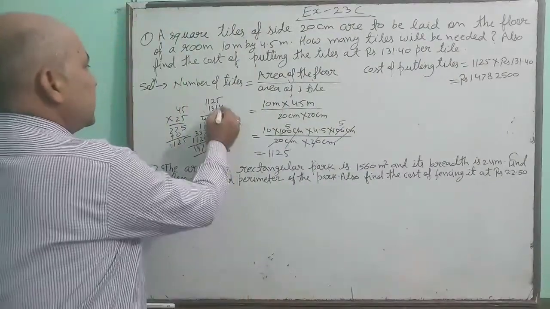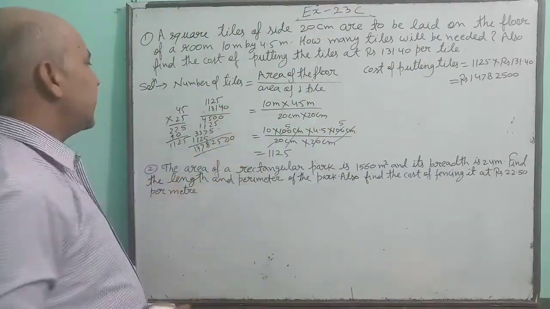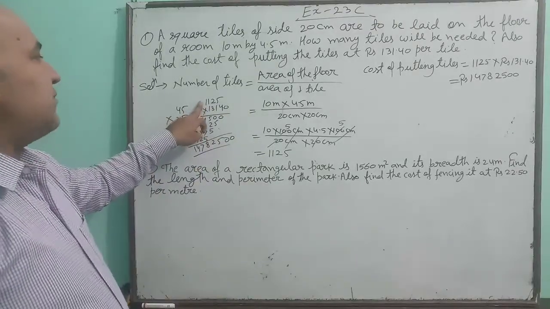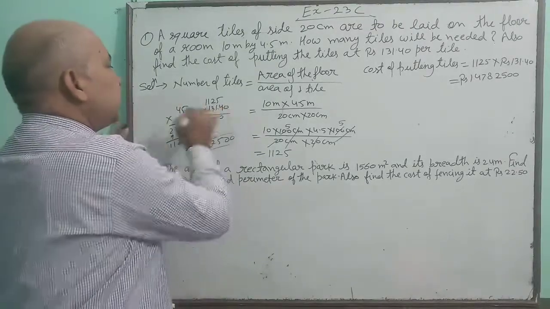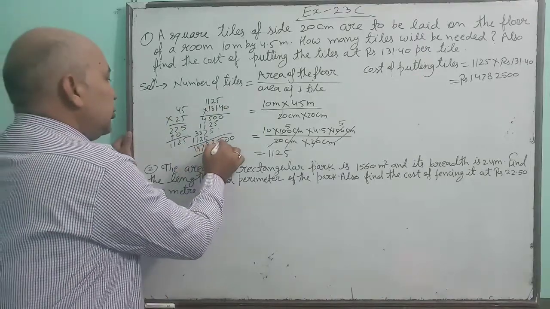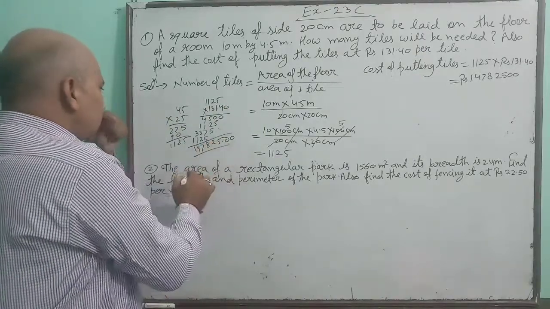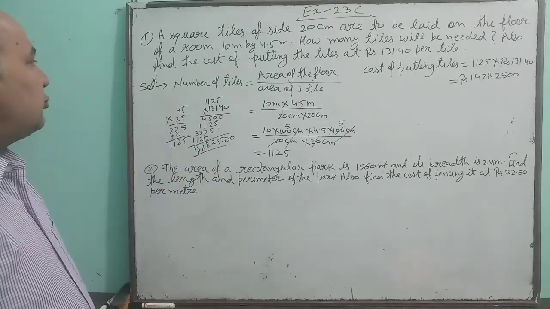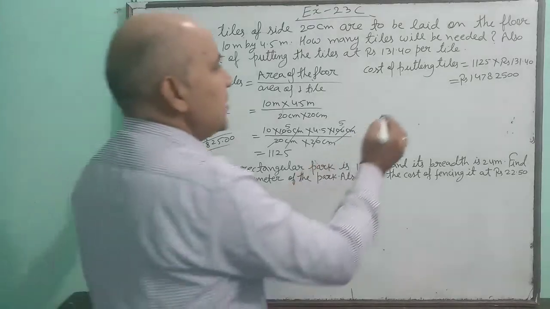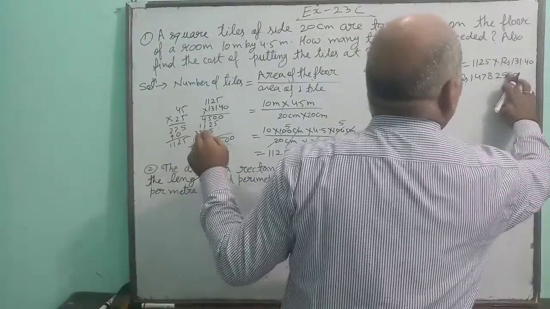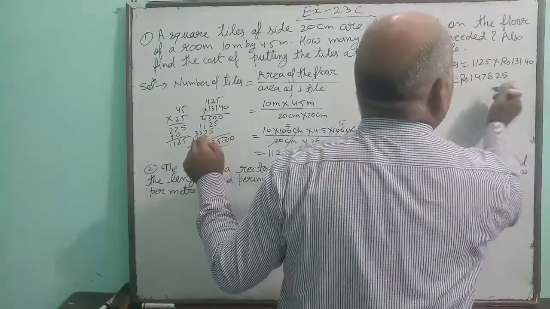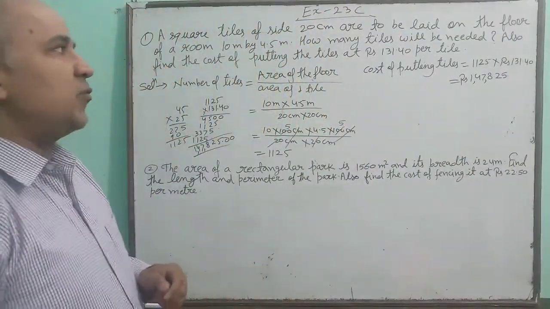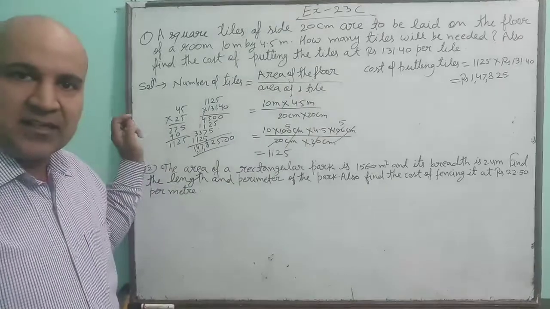Because there is one more 0, you will get this after multiplication. When 1125 is multiplied by 131.40, you will get 1,47,825. So this is your answer. No need of writing these zeros. 1,47,825 rupees is the cost of putting the tiles.